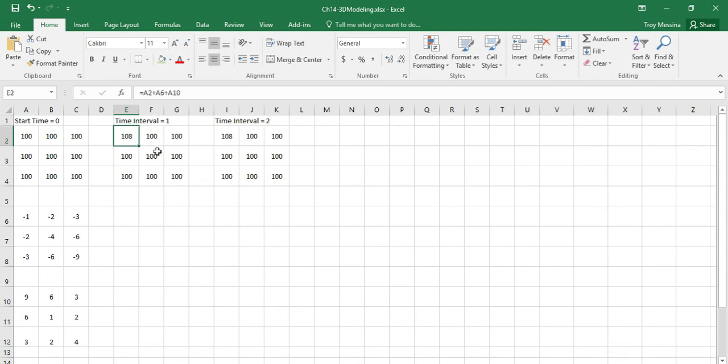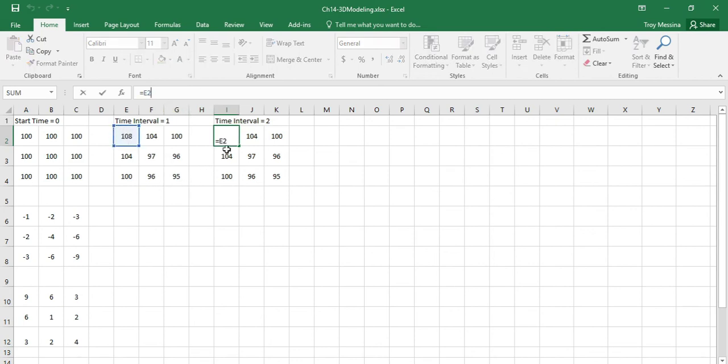And I can continue that calculation just by moving that over, copying it, and copying it down. Or you can type in the formula again, however you like. And notice this one is now equal to the first time interval because I've set it equal to what it was at the previous time step.